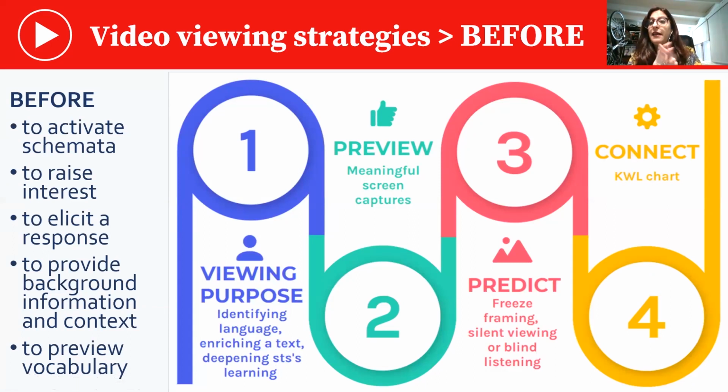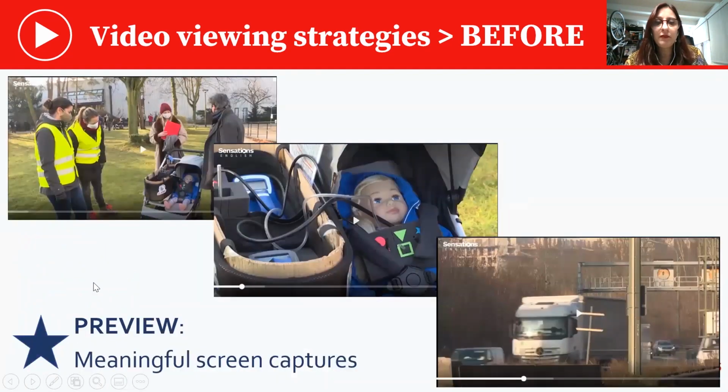So let's say that you have chosen your video and you have chosen your purpose. And now there are 3 things you could do before watching the video. I'm going to go over each of these strategies on different slides. So, preview. You can do a preview strategy by selecting screen captures of the video you have chosen.